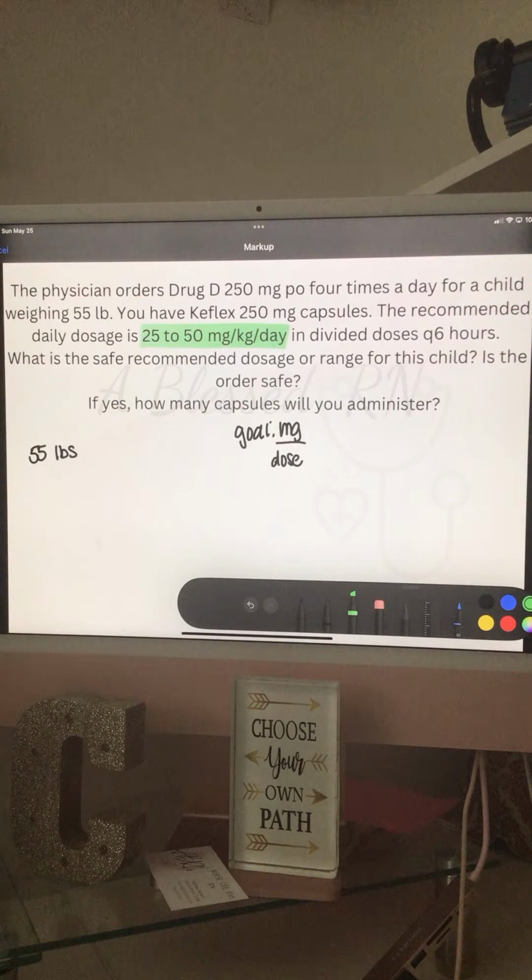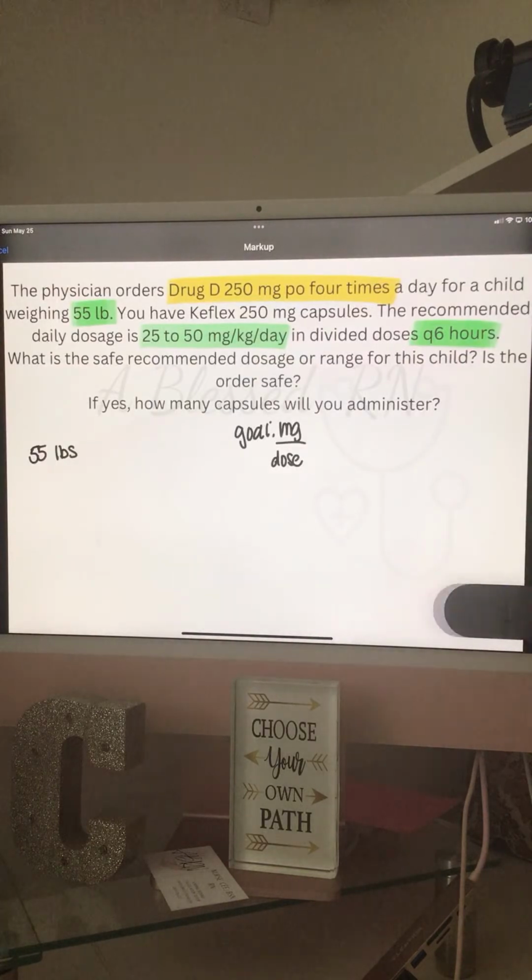Okay, so that's the safe zone, right? This is your patient's weight. And because I'm looking for my doses, I'm going to use my frequency. This right here, that's your order. We're going to put this on ice for right now. You don't do anything with the order when you see these problems for PEDS safe dose ranges.